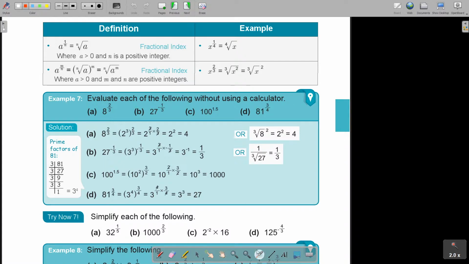The one on the top is on the inside, and the one at the bottom is on the outside. I always remember that a square root is a half.